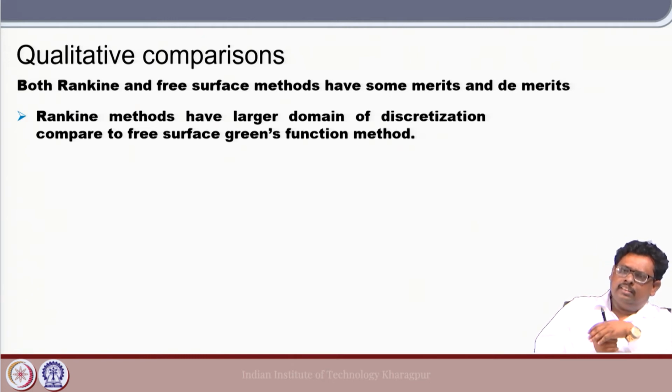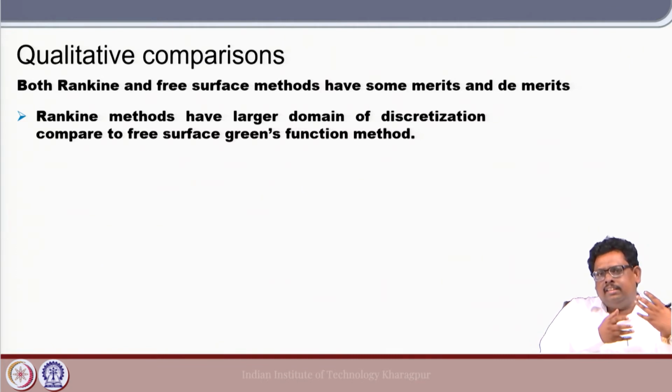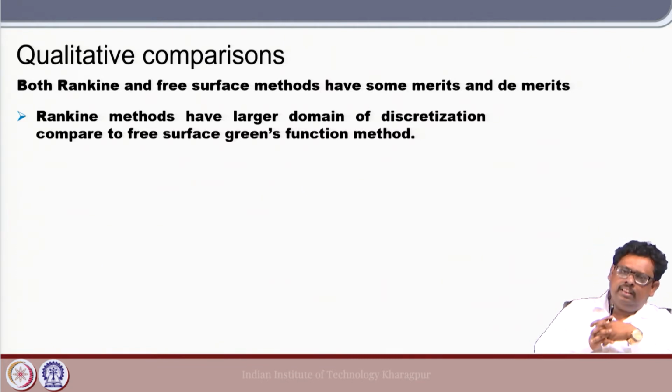Of course, there are certain areas where the second order forces are very important, especially for offshore structures. But in this course let us focus mainly on the linear part, the frequency domain panel method for the zero speed floating body problem.